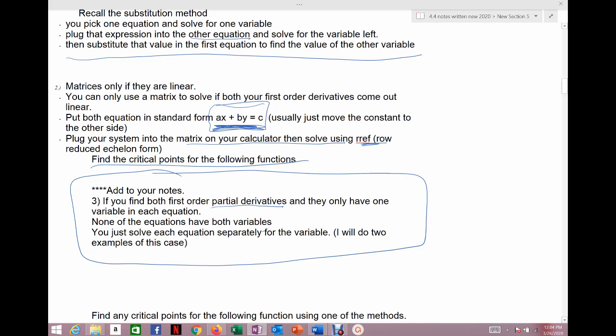And so you just solve them accordingly. You set f sub x equal to 0 and solve for x, and you set f sub y equal to 0 and solve for y. Alright, so you treat each equation separately. I will do a couple of examples in class, because none of the equations have both x and y terms. So again, this works when that's the case.